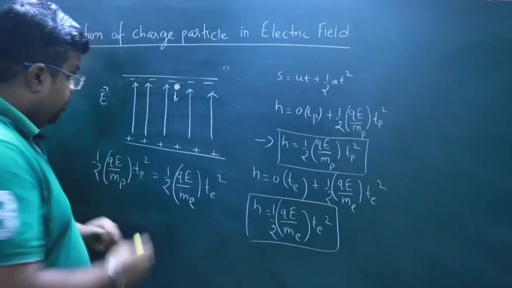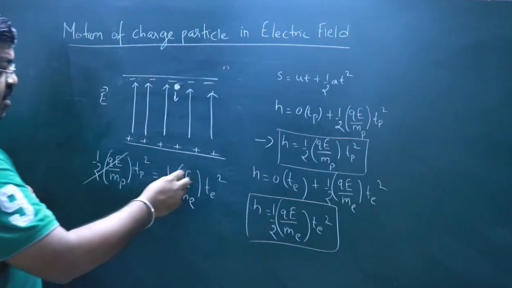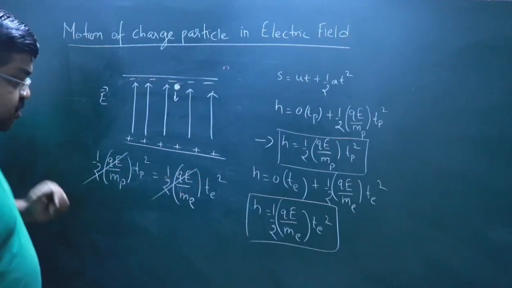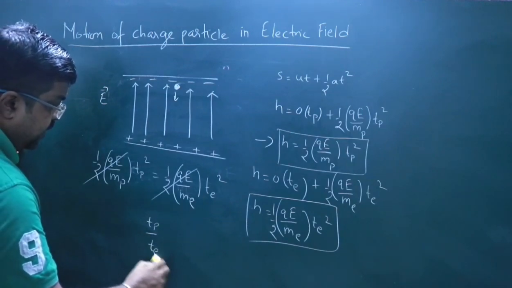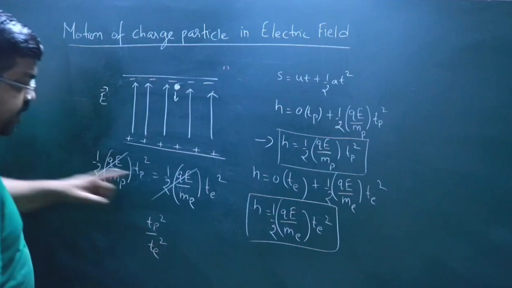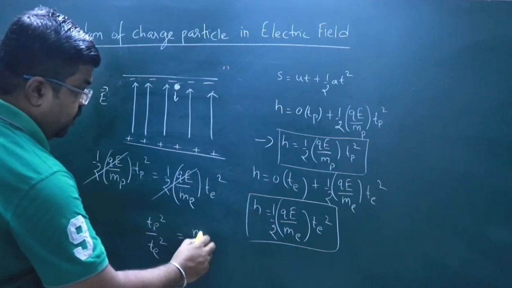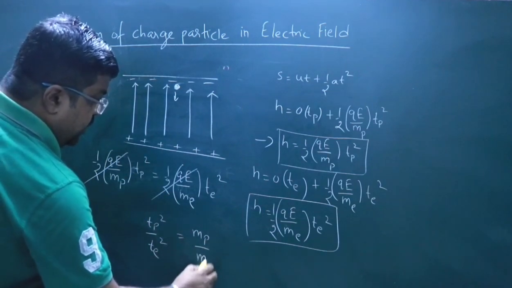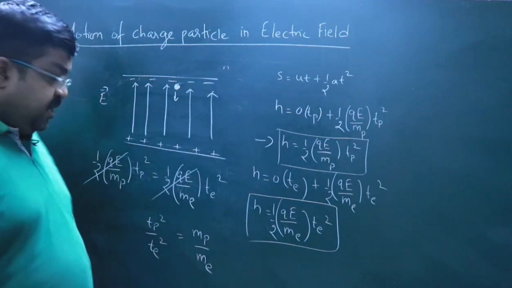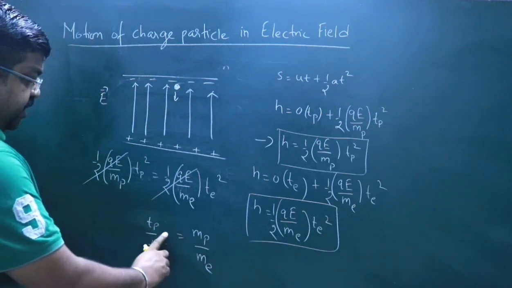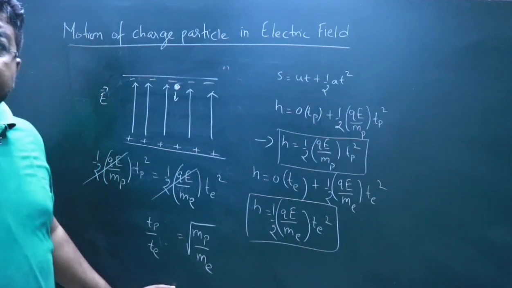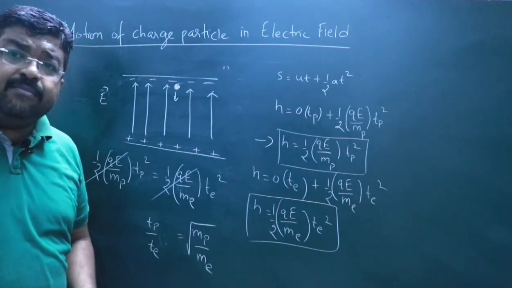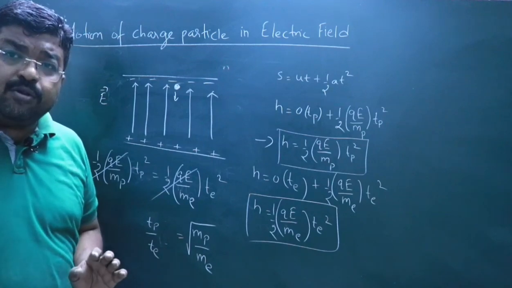I have written these two equations. So the half QE terms cancel out. So we have Tp square by Te square equal to MP by ME. Now if I remove these square terms, this becomes a square root. So from this we can compare the ratio of the time taken by the electron and the proton.